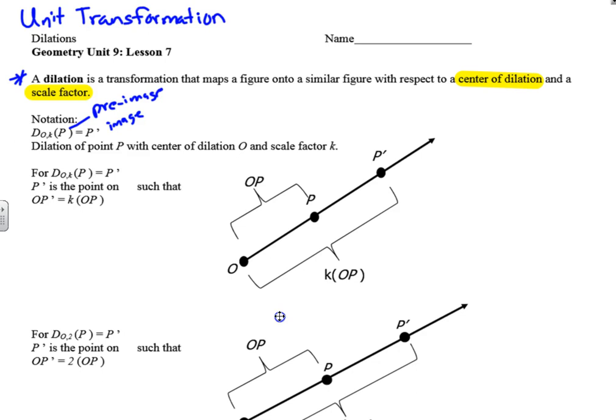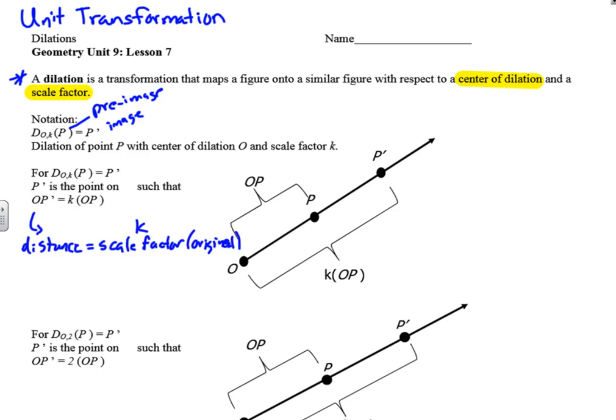So if you look at this piece for this dilation, OP prime, this is a distance, equals the scale factor, that's K, times the original distance.